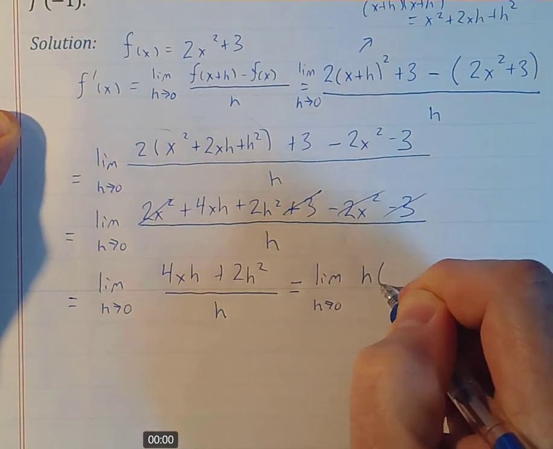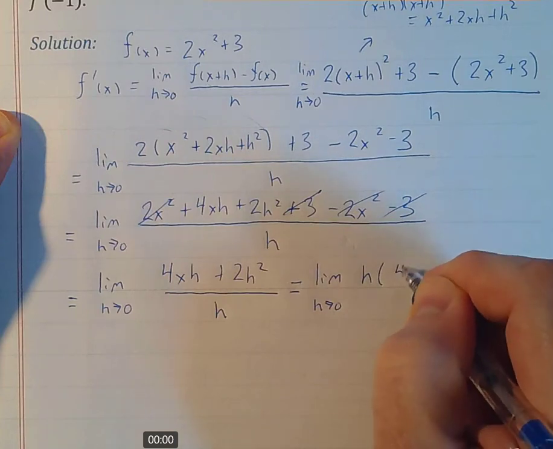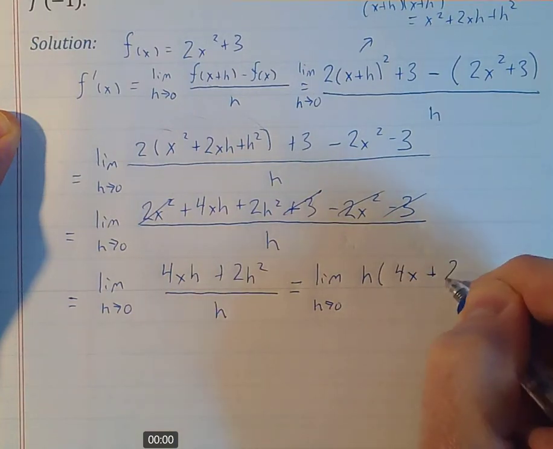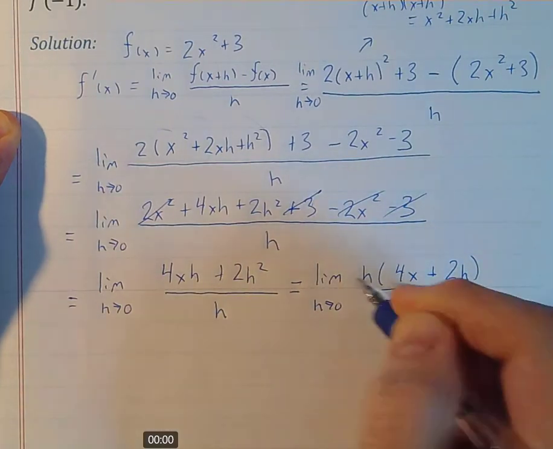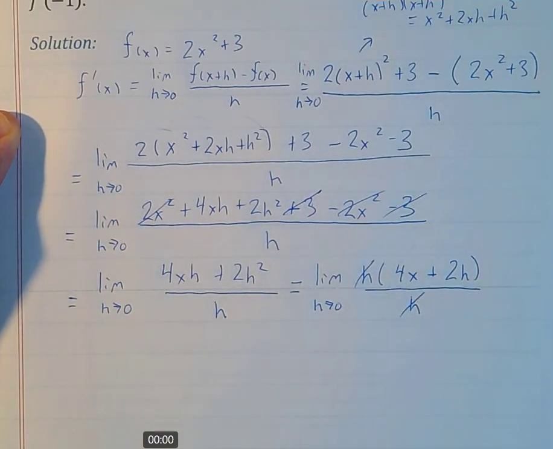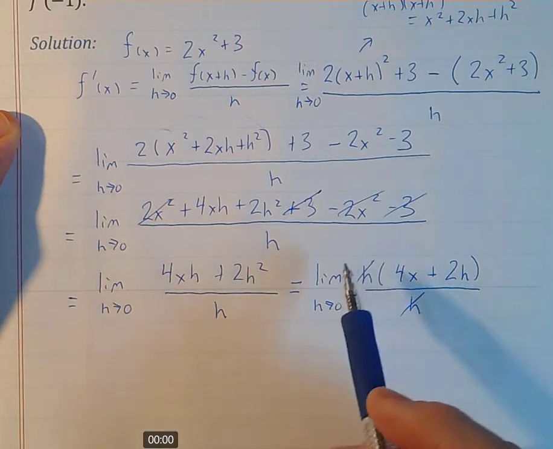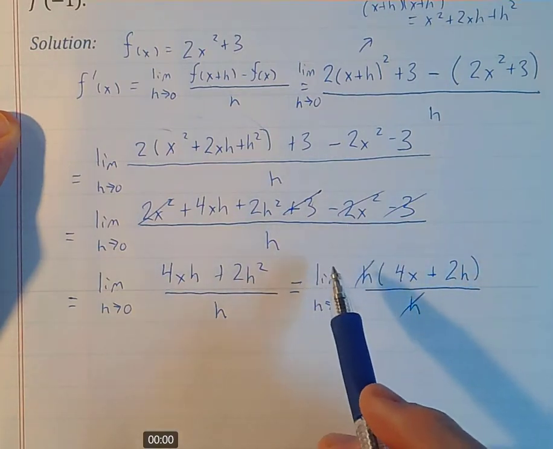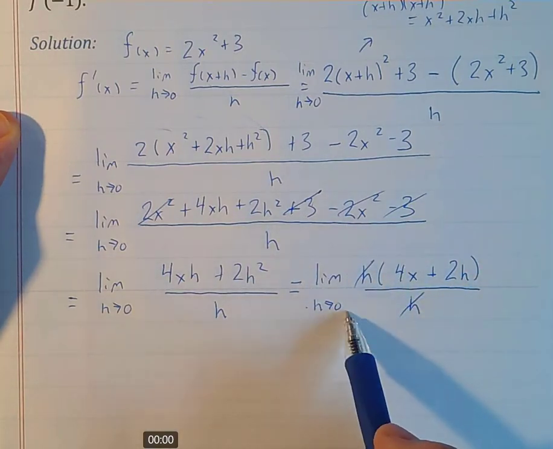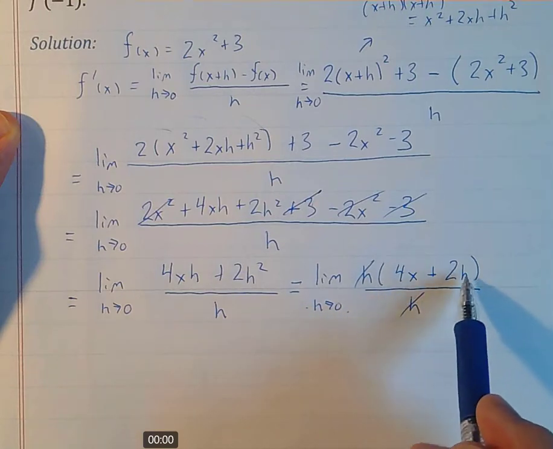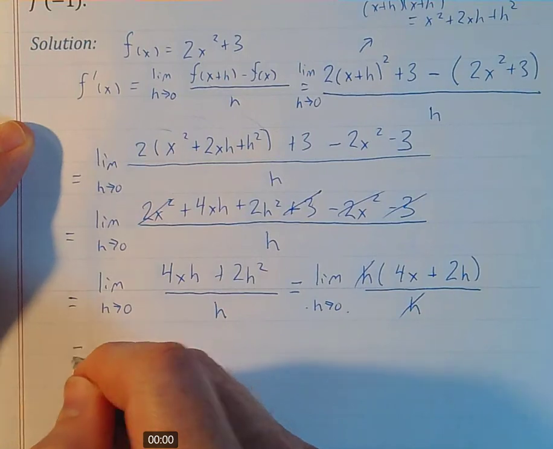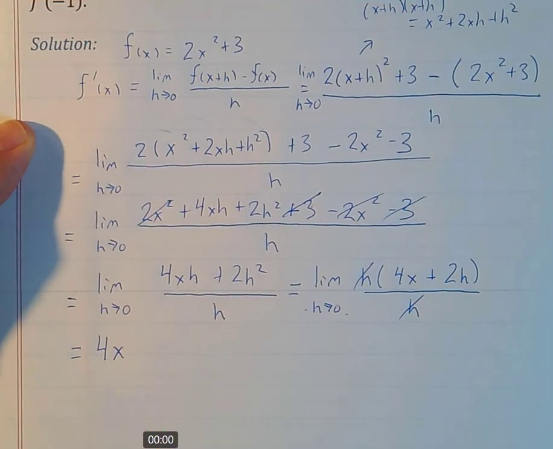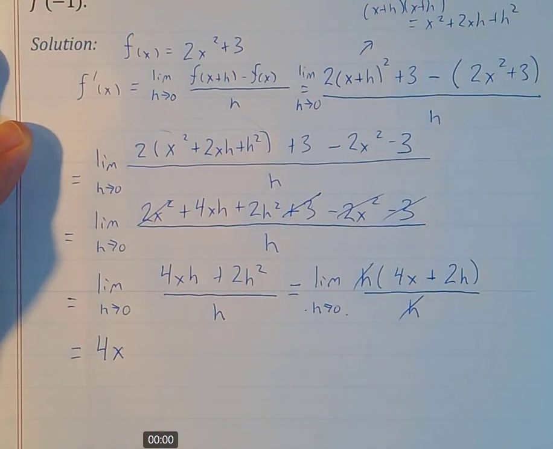If I factor an h out up here in the top, I end up with 4x plus 2h over h. And now these h's cancel out. Well, it looks like I end up with something I can work with now, right? If I take h equals 0, if I can put 0 in place of my h up here, well, this term right here goes away. Looks like I'm left with 4x. So my derivative in this case is 4x.